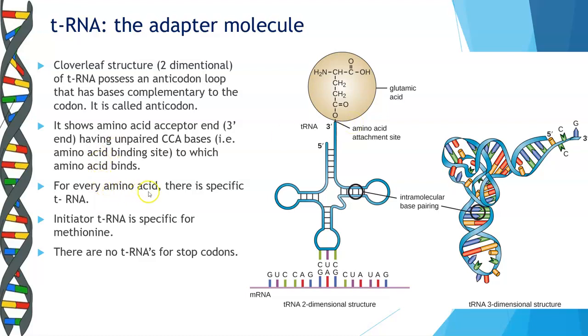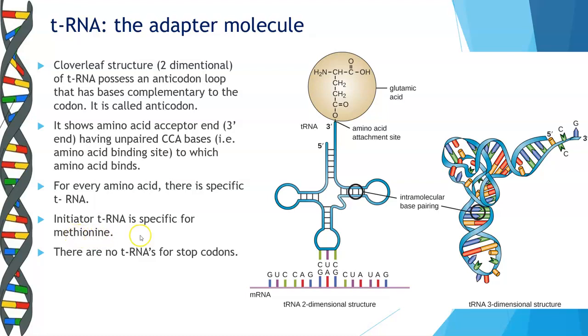Now for every amino acid there is a specific tRNA molecule. Every tRNA molecule is specific as it carries a specific type of amino acid at its 3' end. The initiator tRNA is specific for methionine. Initiator tRNA, students, is the first tRNA molecule which comes at the time of protein synthesis. It has methionine at its 3' end.